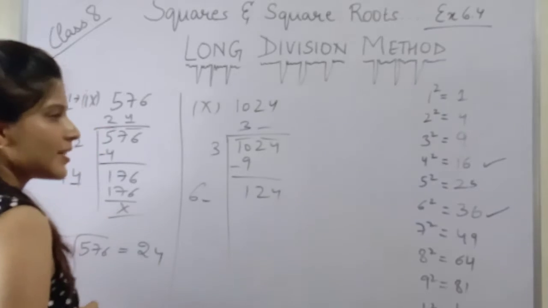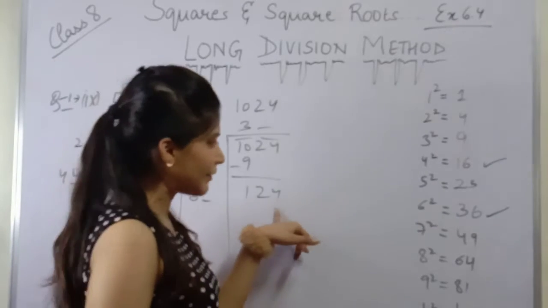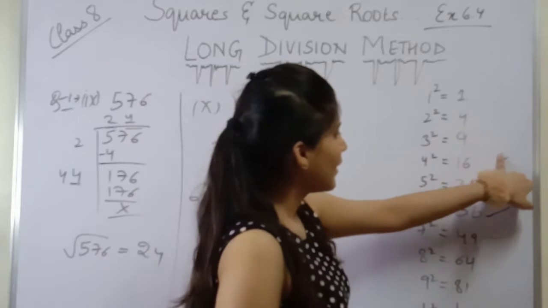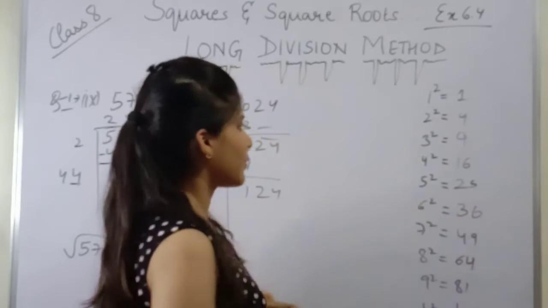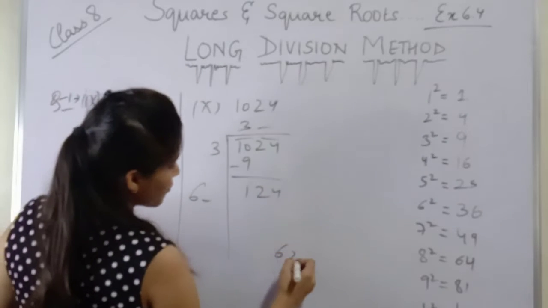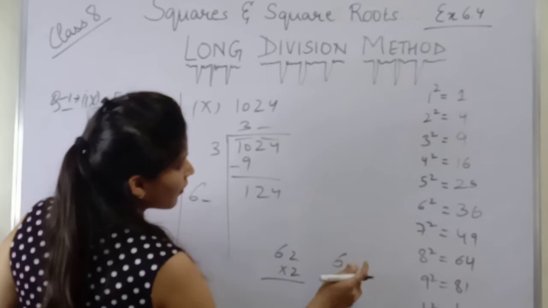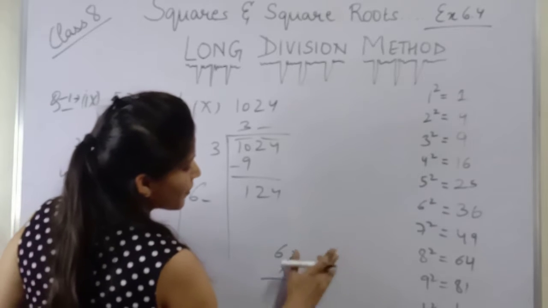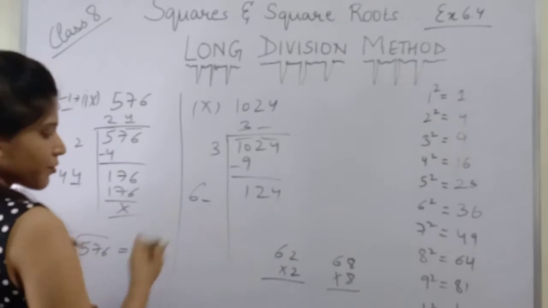Now we have to find this missing term, and for that we check the unit place of this term, which is 4. So either 2 will be coming at the end, or 8 will be coming. So 62 into 2, or 68 into 8. 8 8s are 64 and 2 2s are 4.